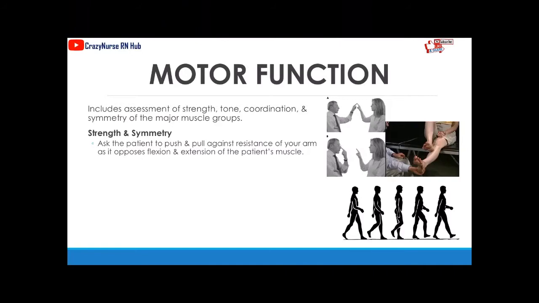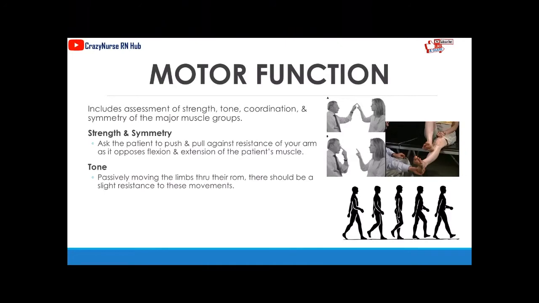Ask the patient to offer resistance at the shoulder, elbow, wrist, hips, knees, and ankles. Mild weakness of the arm is demonstrated by downward drifting of the arm or pronation of the palm. Note any weakness or asymmetry of strength between the same muscle groups of the right and left side.